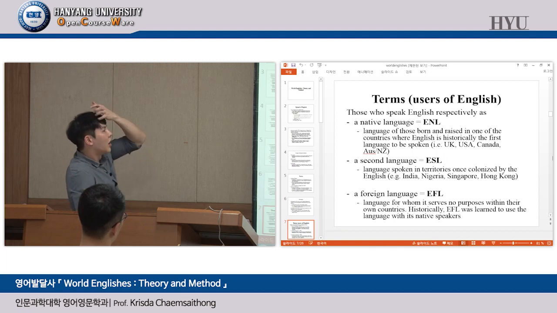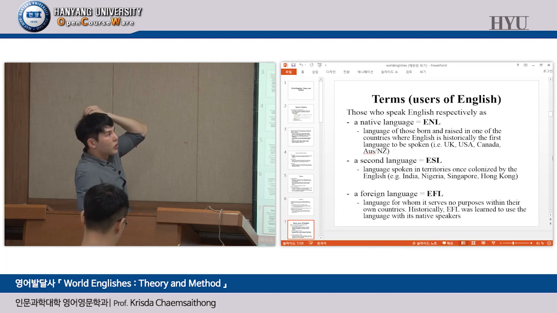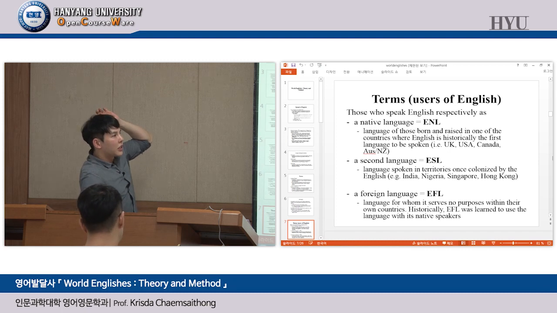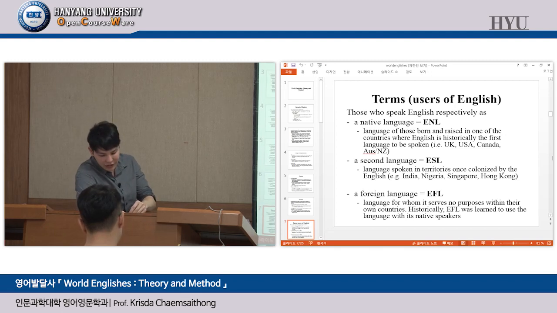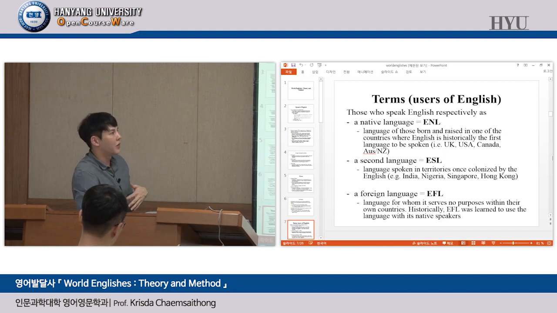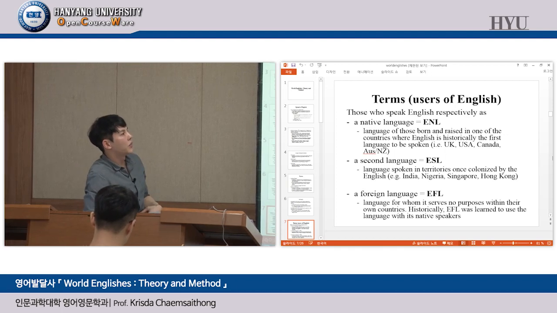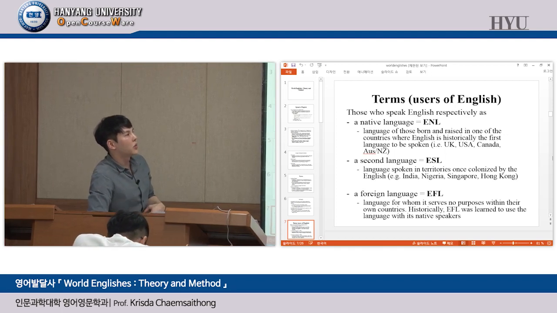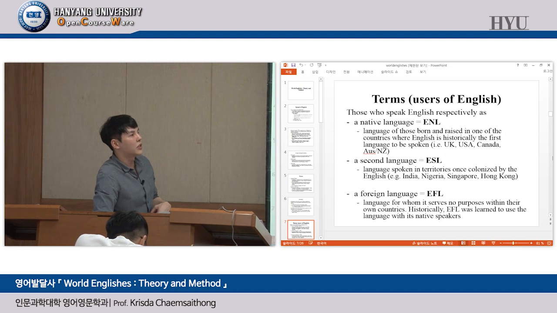Okay, now users of English. These are terms that you should be familiar with, right? Even before this class. So those who speak English, respectively, you can call them first ENL, English as a native language, right? Language of those born and raised in one of the countries where English is historically the first language to be spoken.